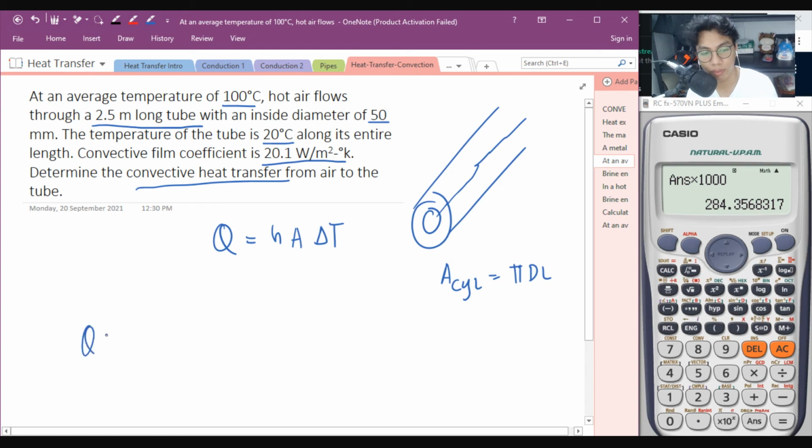So, Q is equal to H. The film coefficient, ito yun, H. So, 20.1 watt per meter squared degree Kelvin. Yung A, anong area? That is pi in diameter is 50 mm.